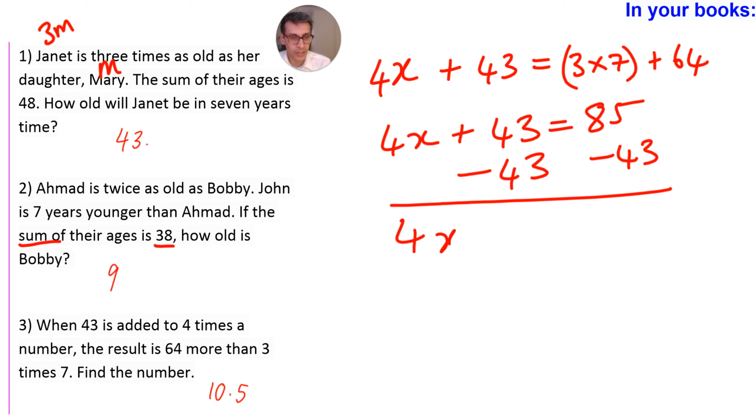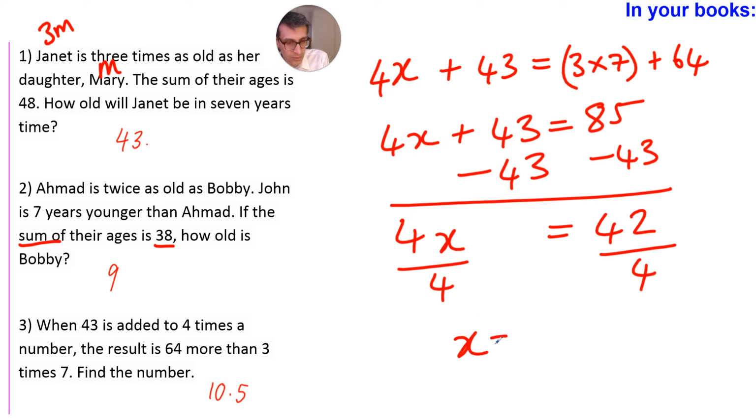So 4x equals 85 minus 43, which is 42. And then I'm going to divide by 4, divide by 4. So x is equal to 42 over 4. And we can simplify that. So that will give us 21 divided by 2, which is 10.5.